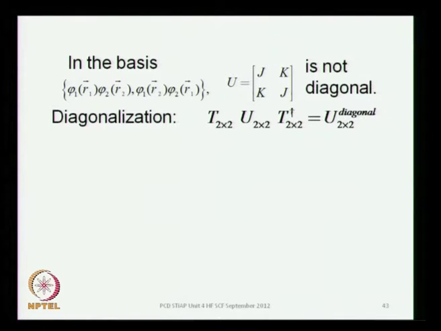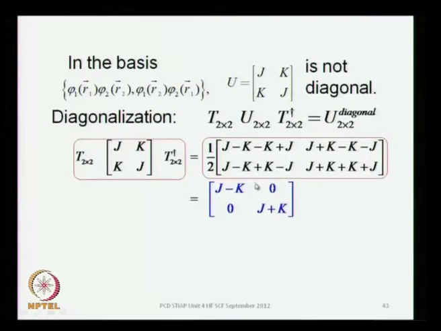Okay. So, find the matrix which will diagonalize this matrix of j k k j, and some of you perhaps already have the answer, and the diagonal elements will be respectively j minus k and j plus k.